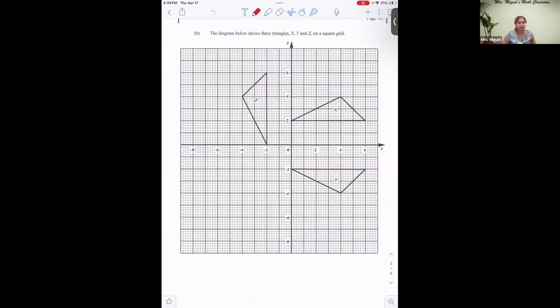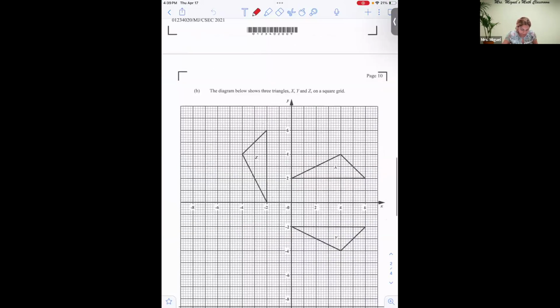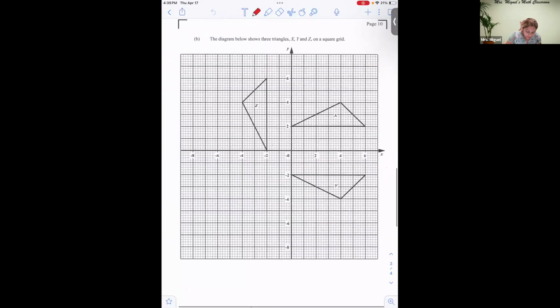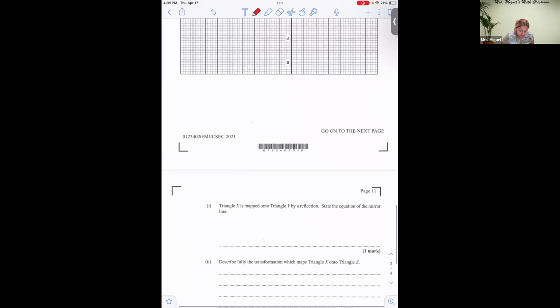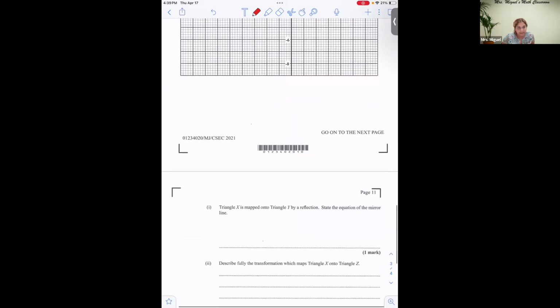So let's look at this. The diagram below shows 3 triangles, X, Y, and Z. Now this is taken from the 2021, so June 21, right? Triangle X is mapped onto triangle Y by reflection.